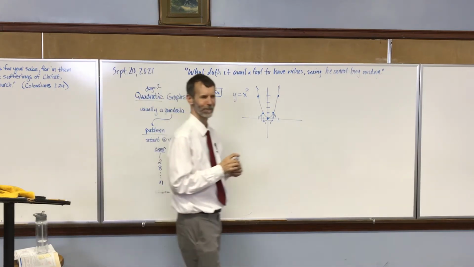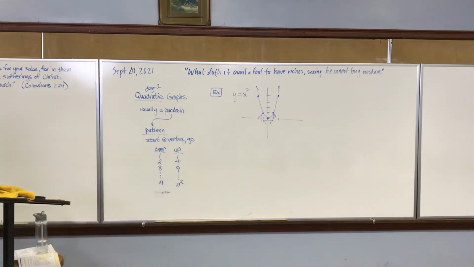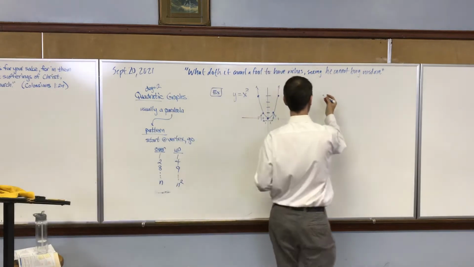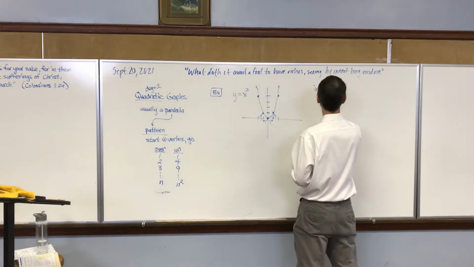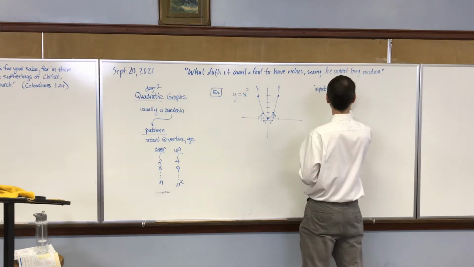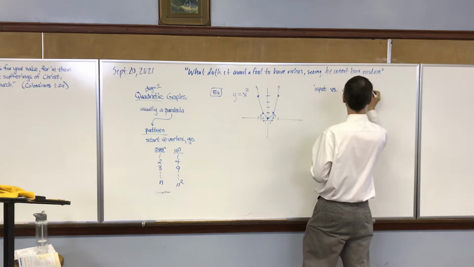Does that make sense? Now today, I want to talk about 3 different ways you can change a parabola graph, in any graph. Before we do, I want to talk about input versus output of a function.